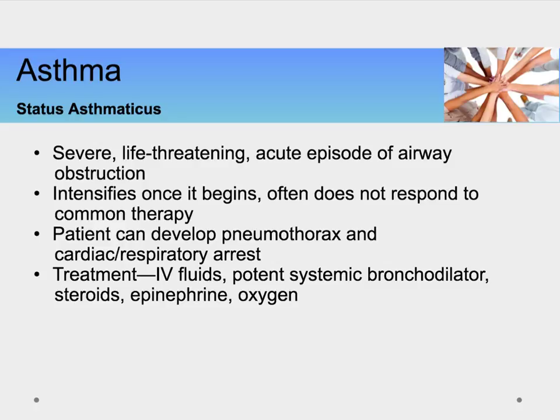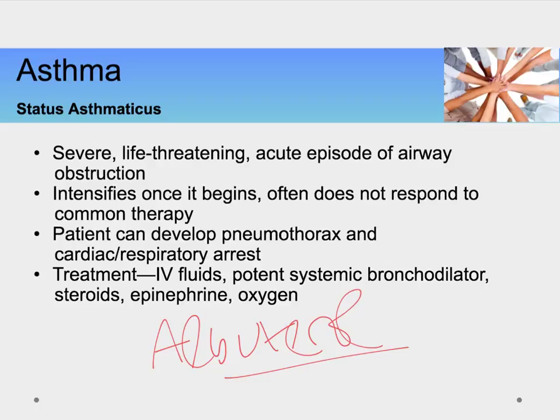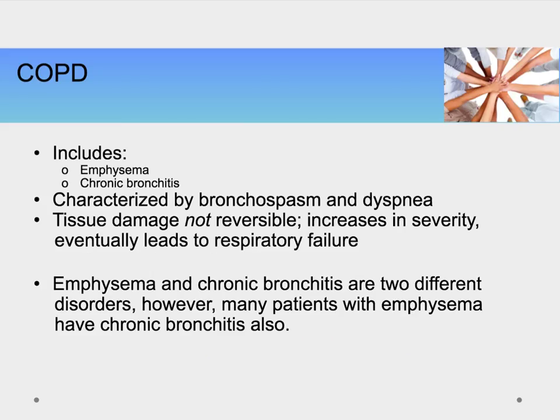What you need to know here is that status asthmaticus is a patient having a severe asthma attack and that it can be life-threatening. Our drug of choice is that rescue inhaler, albuterol. That's our short-acting bronchodilator. We need to open the airway. Sometimes epinephrine is what we need to use to assist us with opening that airway.